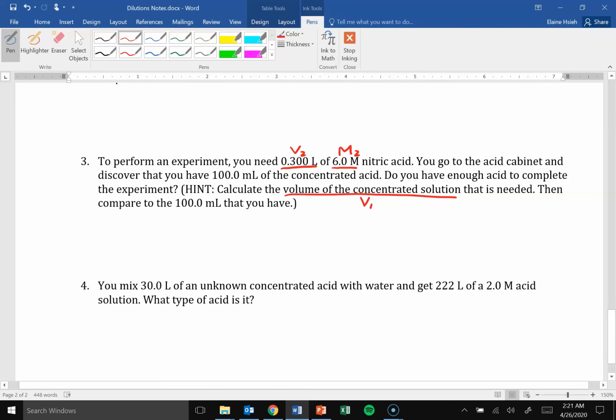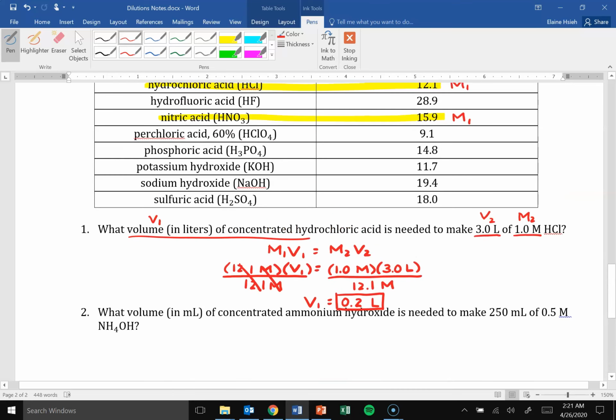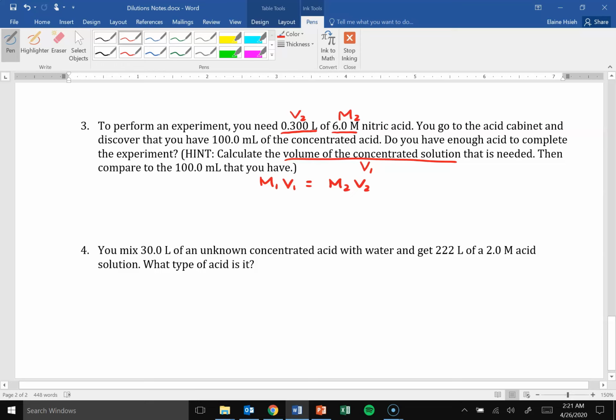So let's plug this into the formula. M1 V1 equals M2 V2. M1, we just figured out from the chart, is 15.9 molar. We are looking for V1.